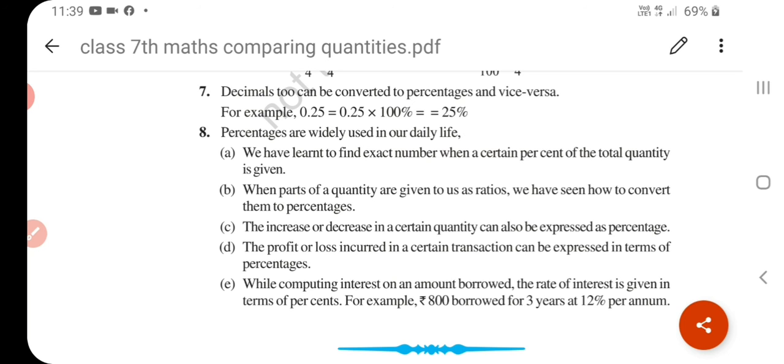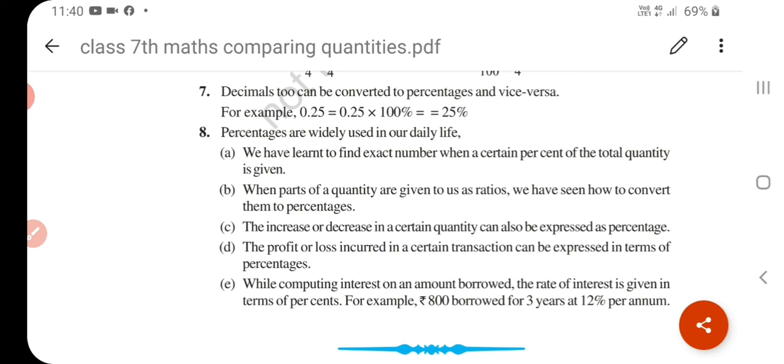Okay, to convert a fraction into percentage, multiply the fraction by 100 and put the percentage sign. Okay, to convert a ratio into percentage, first write the ratio as a fraction and then multiply by 100 and put the percentage sign. Okay, understand? And to convert a decimal into percentage, shift the decimal point 2 places to the right and put the percentage sign.